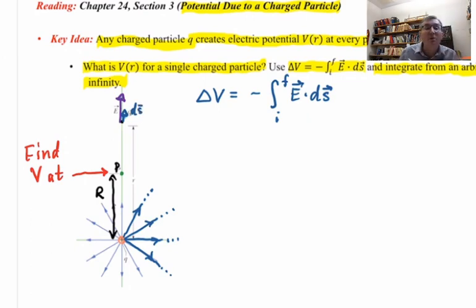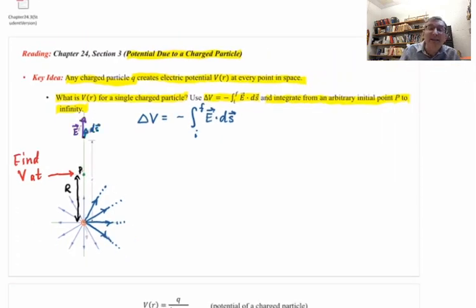The ds is along the line because that's the direction we're traveling, and the electric field is along that line because that's away from the charge. Electric field points away from positive charge. Okay, so the E and the ds are in the same direction. So when we do the dot product, we'll have magnitude E, magnitude ds, cosine of the angle between the E and the ds, which is 0 degrees, and the cosine of 0 degrees is +1.